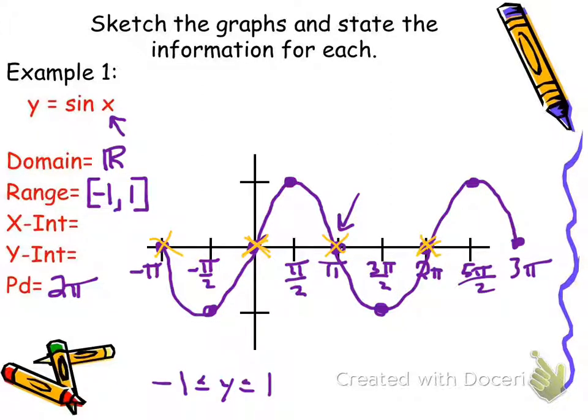Yeah. All right. So how would you describe these x-intercepts? If I ask you what are the x-intercepts of the sine graph, and I want to know all of them, how would you describe it? That's a problem, right?